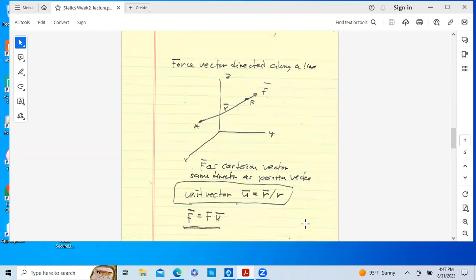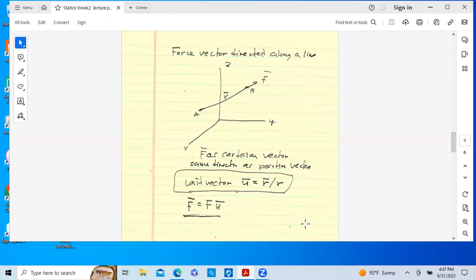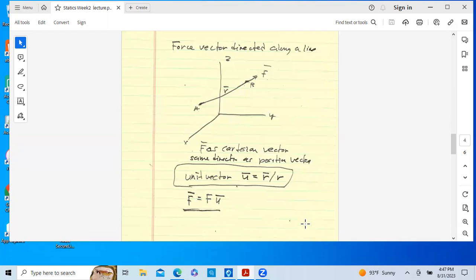So force vector directed along a line. We'll talk about this as a unit vector. So we have a line AB.